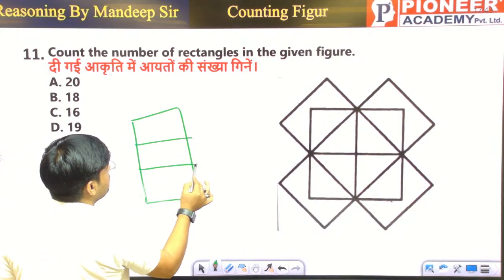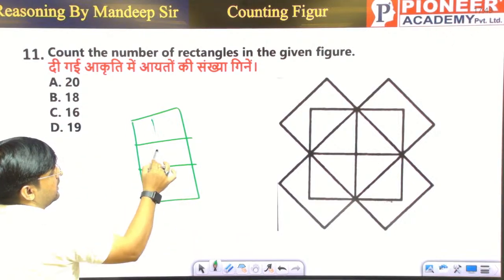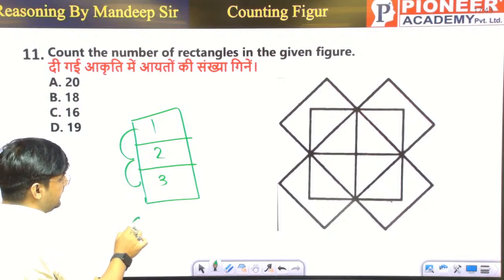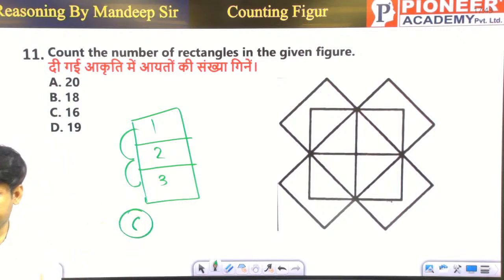1, 3. 1, 2, 3. 3, 1. There are 6 rectangles in this figure.